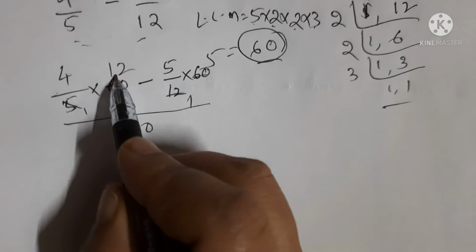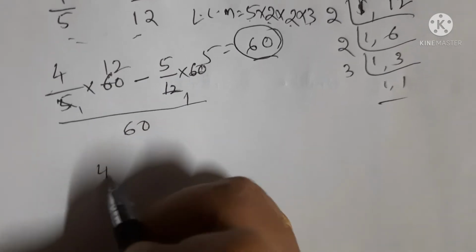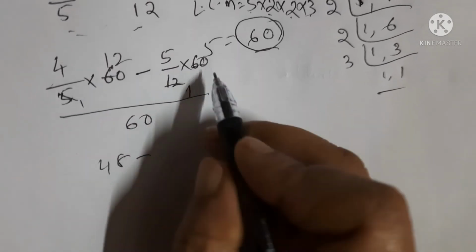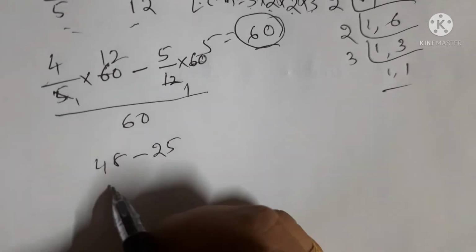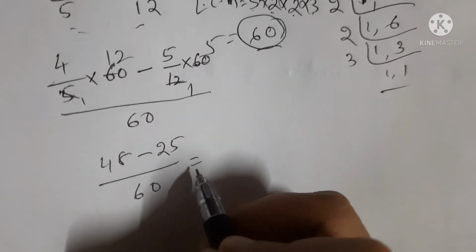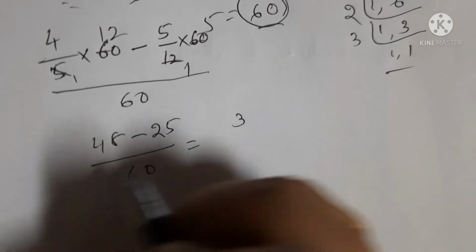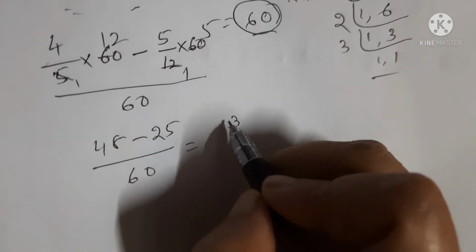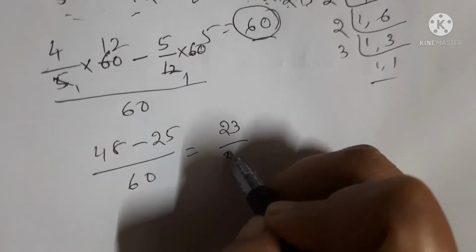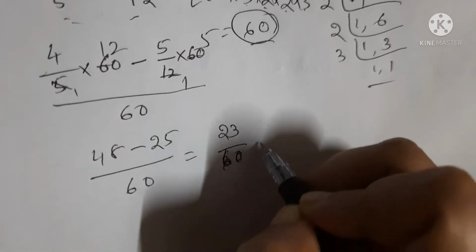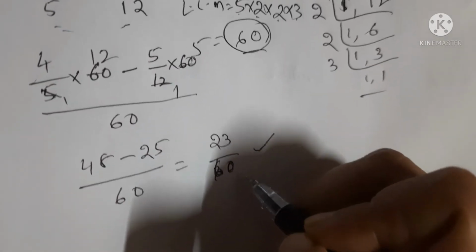Now the remaining one, multiply: 12 4s are 48 minus 5 5s are 25, by 60. Now subtract this one. Here it is 23/60 is your answer.